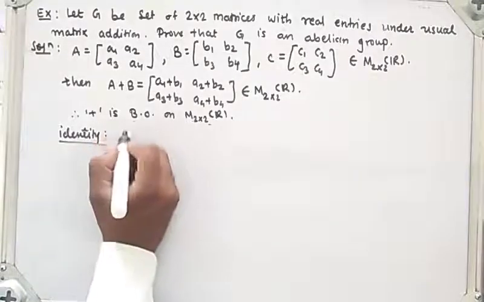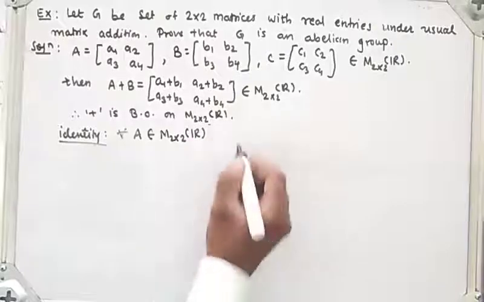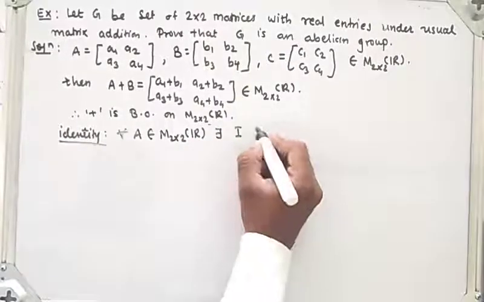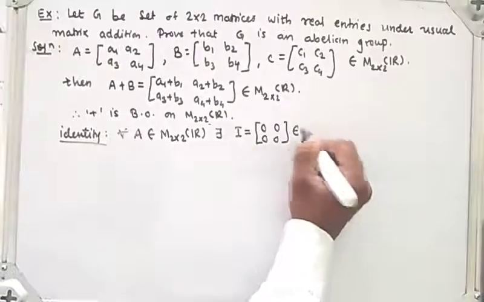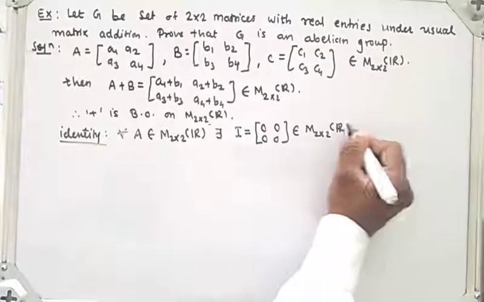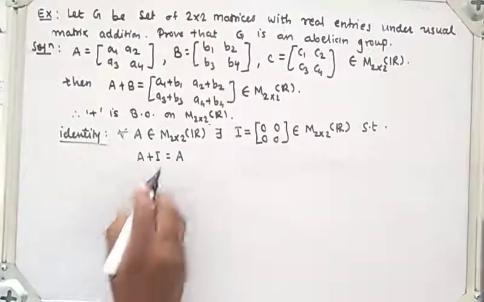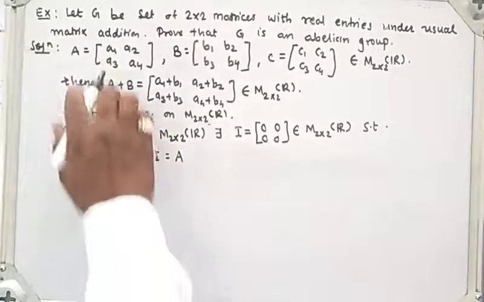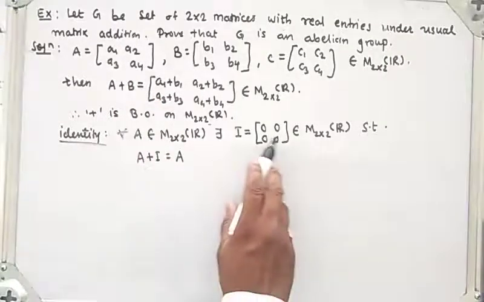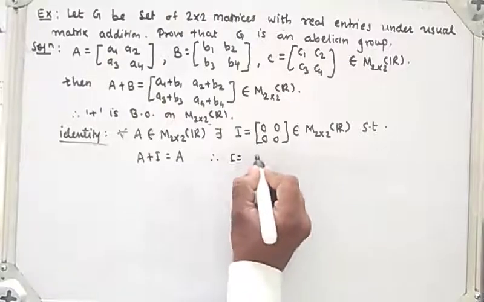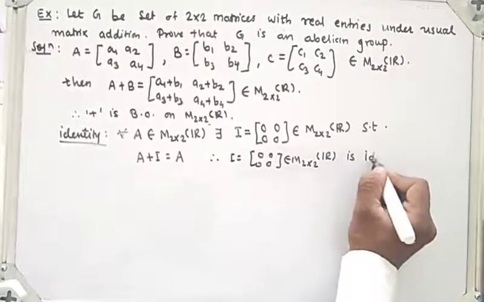For all A belongs to M2 by 2 matrix of entries R, there exists an identity matrix I equal to 0 0 0 0, belonging to again M2 by 2 matrix of R, such that A plus I is equal to A. Then I is the identity matrix, because here A is A1, A2, A3, A4, and if I add A with 0 0 0 0, then we will get again A. Therefore I is equal to 0 0 0 0, which belongs to M2 by 2 matrix of R, is the identity matrix.